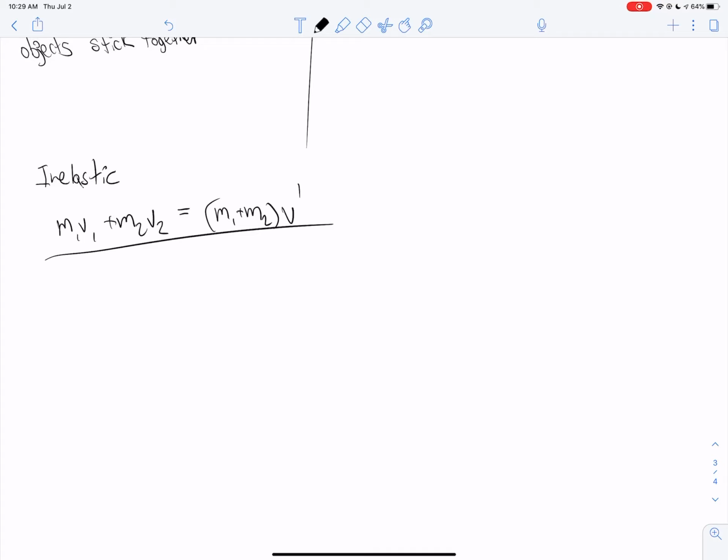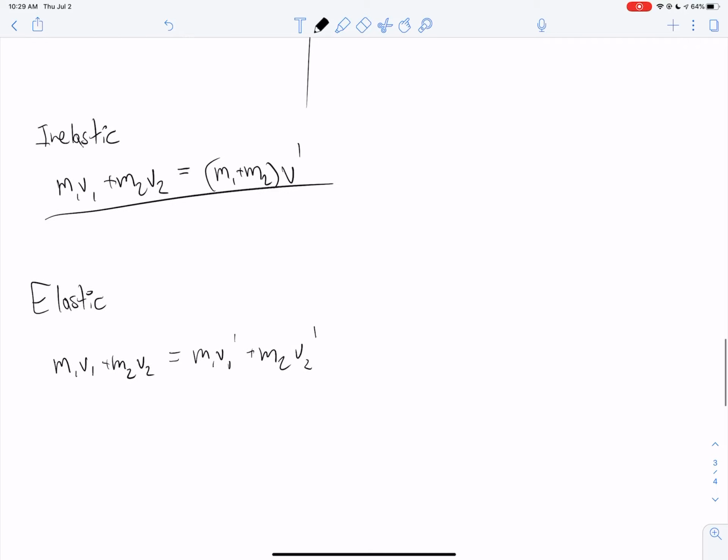Okay, now for elastic, we have m1v1 plus m2v2 is going to be equal to m1v1 prime plus m2v2 prime.